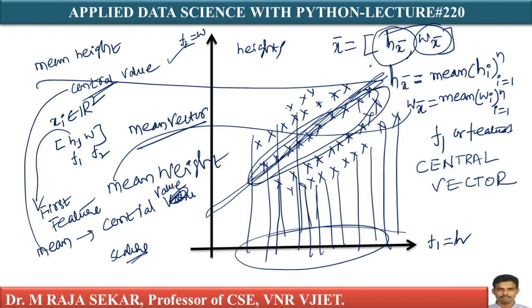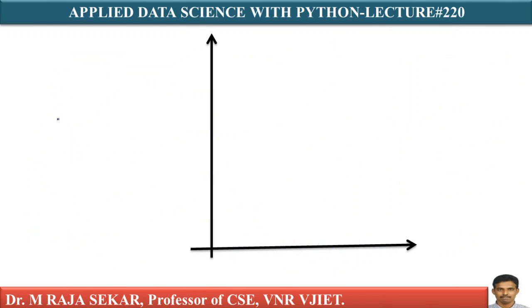We will also see other things like the covariance of the data matrix. Not only that, in my next lecture I will discuss a concept known as column standardization. What is column standardization?